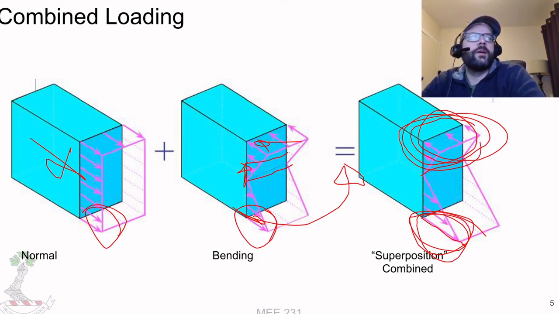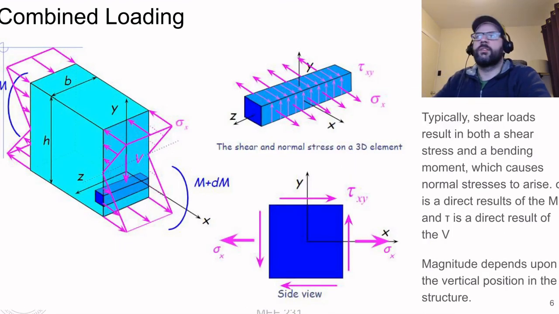So it's the shear load that causes the bending moments to arise. So those cause the bending stresses, and then the bending stress is a direct function of the moment, and the shear stress is a direct result of the shear load.